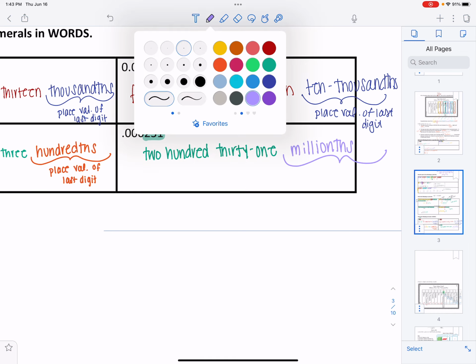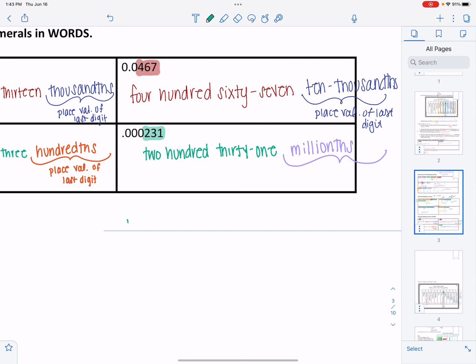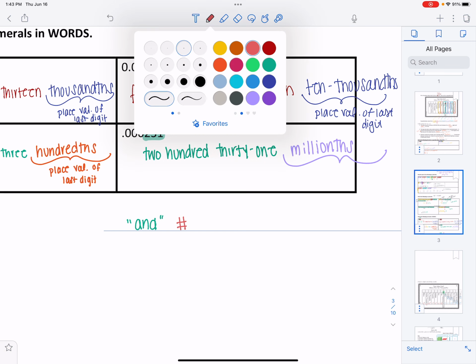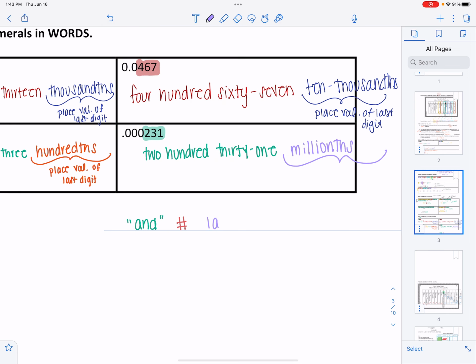And so kind of your formula is going to be and, that's going to be your decimal. The number, whatever the number is, however you would say that in whole number form. And then the last digit's place value.